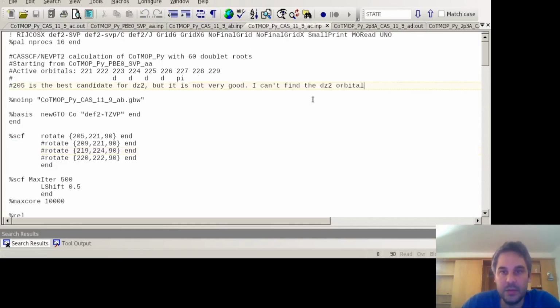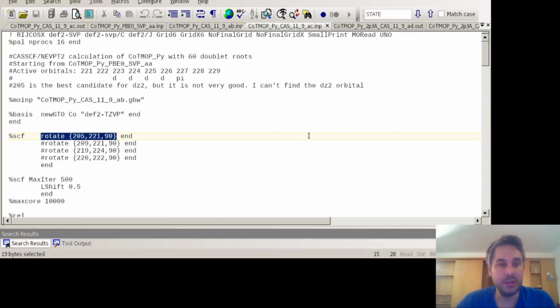So then we had to do a second CASSCF calculation in which we read the results from the first one, and then only had to rotate one orbital, and this likely gave us a chemically correct result.